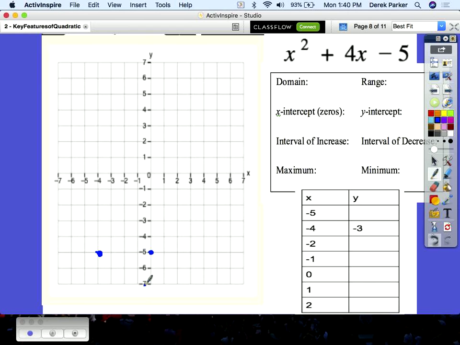(-2, -9) is actually our vertex. (-3, -8). (-1, -8). (1, 0). (-5, 0). (-6, 7). (2, 7).